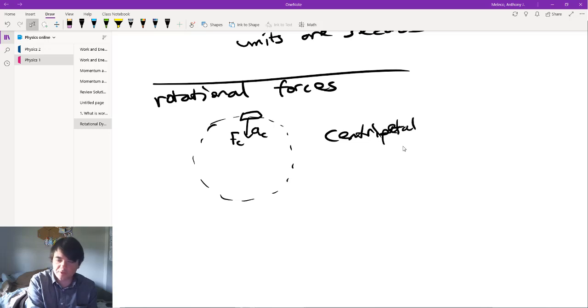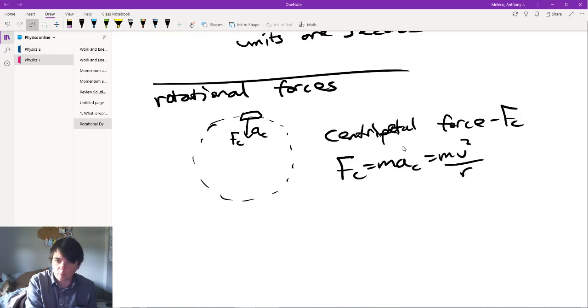We'll do a couple problems with this. This was the centripetal acceleration, the cause of rotation.